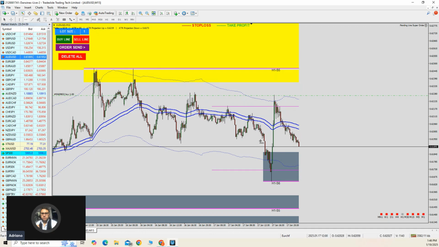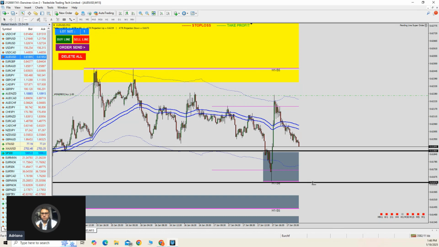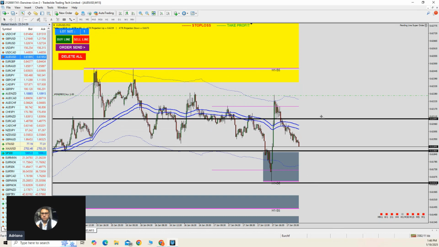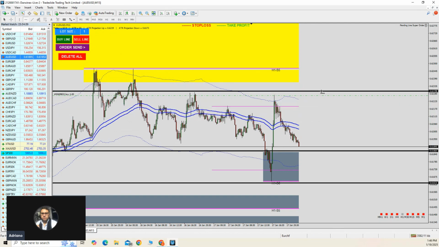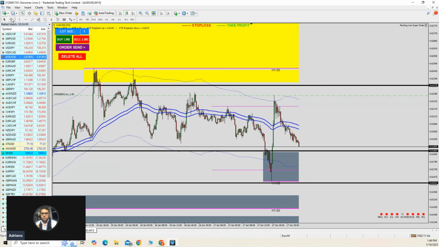So what you're gonna do, you're gonna place your buy entry point here, stop loss a few pips, and then your profit is gonna be 3 times your risk. So let's see, you are risking 22 pips, so you have to go for 66.